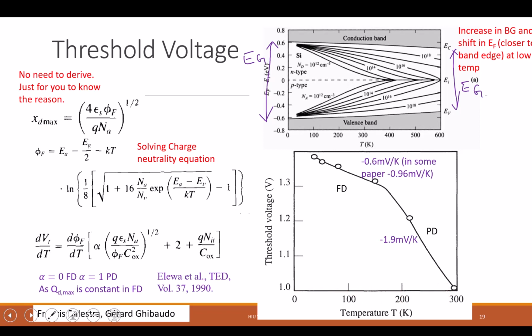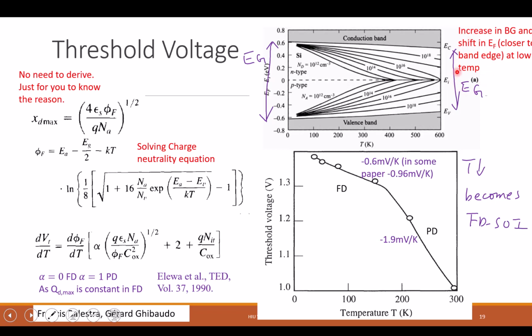It's interesting. We see two slopes for FDSOI and PDSOI. But actually, I should not say that. I should say that for the same device, when you go to low temperature, it depends on the thickness. For some thickness, it becomes FDSOI.